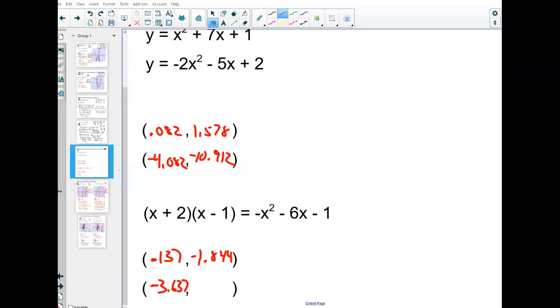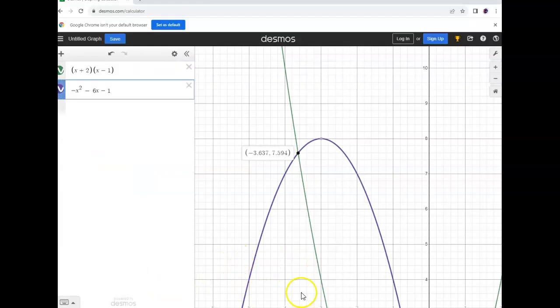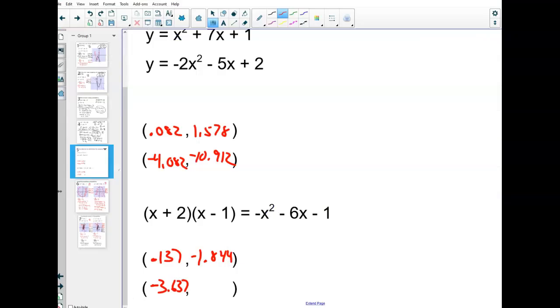And then we include our y coordinate on there, 7.594.